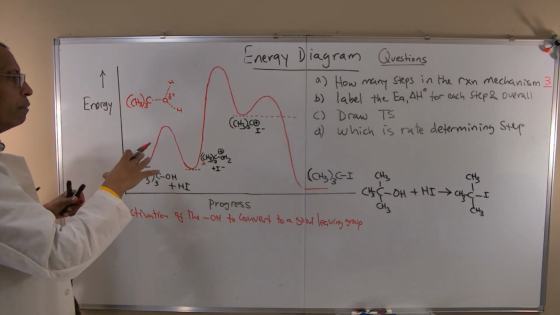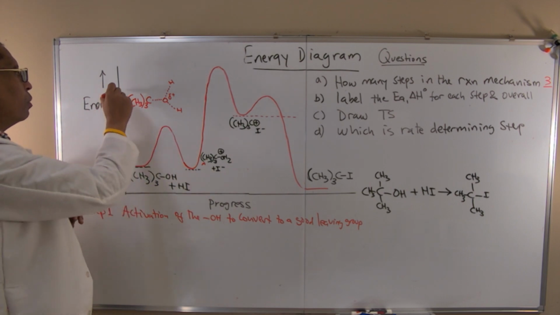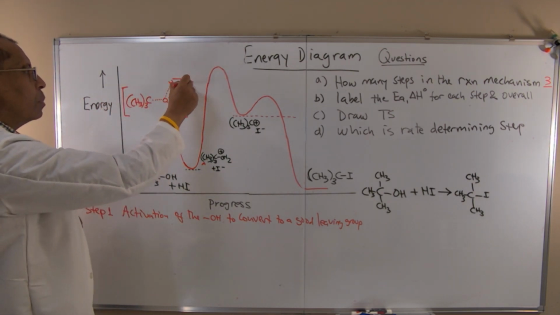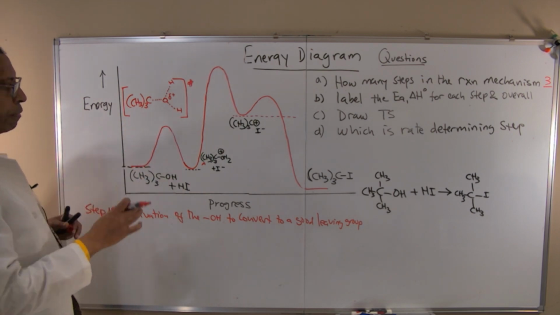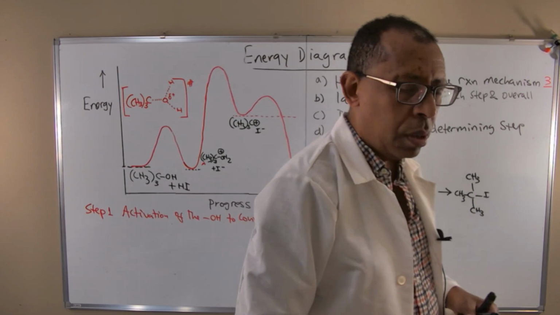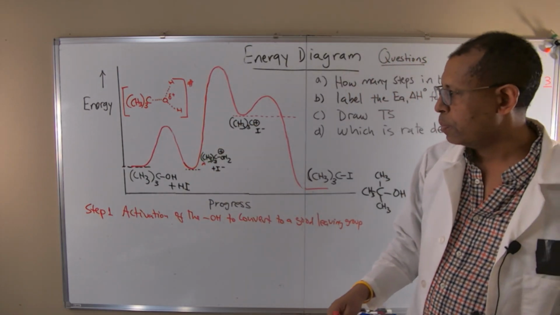So this is the first transition state, converting or activating it into this highly unstable species.